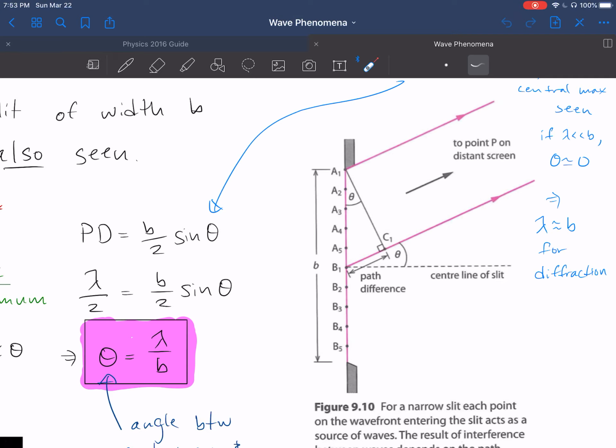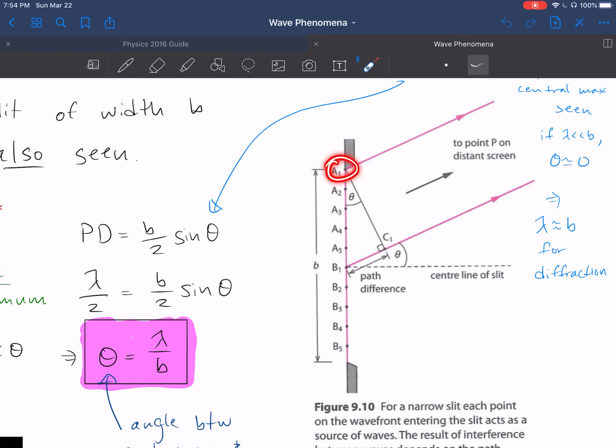And the thought experiment is simple. If you take your slit of width b, notice this is a slit of width b, then you will see that each point in the top half of the slit is producing circular waves, and each point in the bottom half of the slit is also producing circular waves. And so the answer to the question, what exactly is interfering, is that every point on the top half is interfering with its counterpart on the bottom half of the slit.